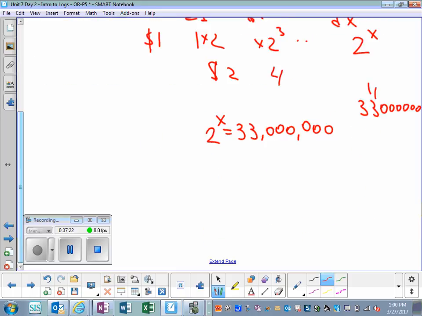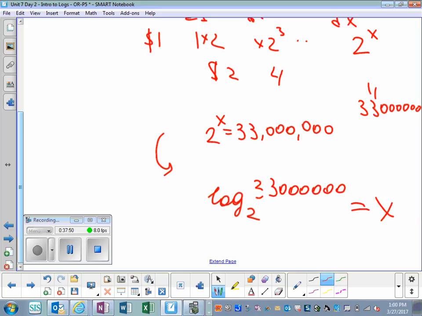Think about it. Let's rewrite this in log form. What is my base? Base of this exponential function. 2. What is my argument for my log function? $33 million. Equals x.